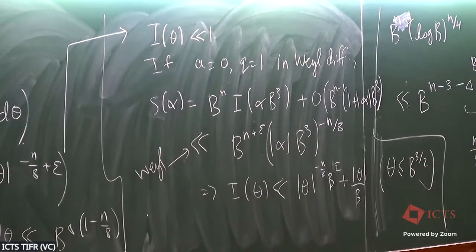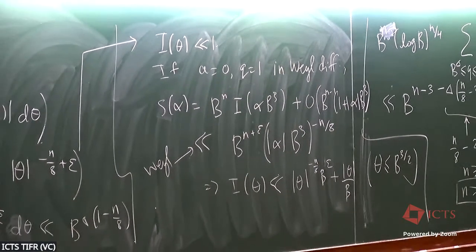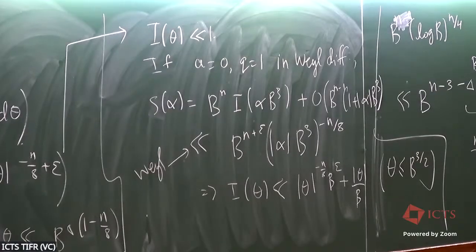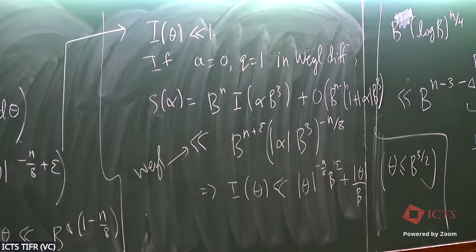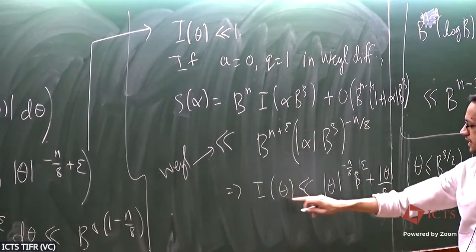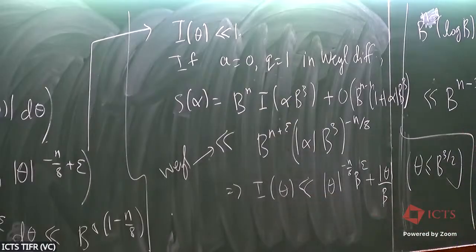But the point one has to notice is that this particular bound is independent. Theta and b are working independently here. And so what one can do is extend this to all of the real numbers.